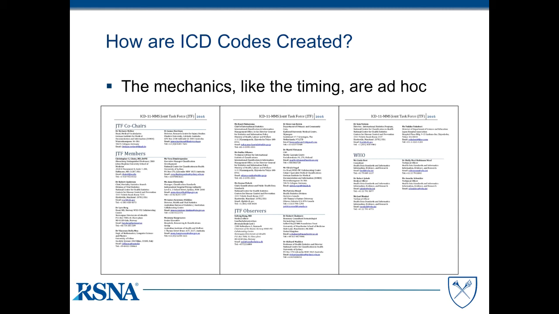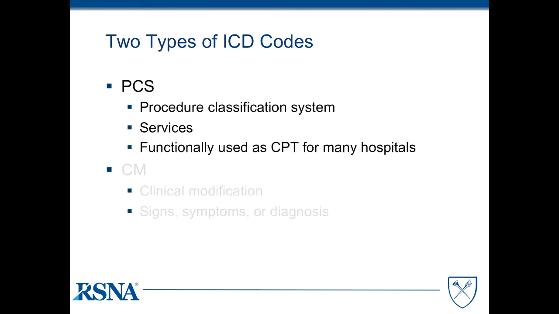Second, while there are some physician representatives, you'll see that the participants include medical librarians, computer scientists, epidemiologists, and statisticians. That's because ICD is designed not only to assist in claims processing, but also for a variety of public health and epidemiological purposes. The fact that practicing physicians play such a small role, however, contributes to some of the clinically irrelevant and rather humorous codes that I'll share with you later in this module.